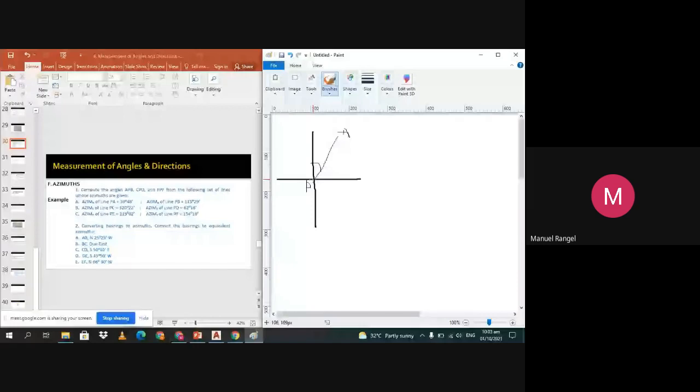The azimuth of line PB is 115 degrees 29 minutes.